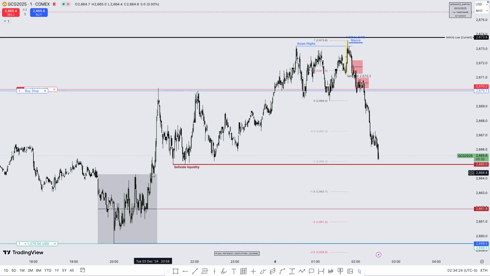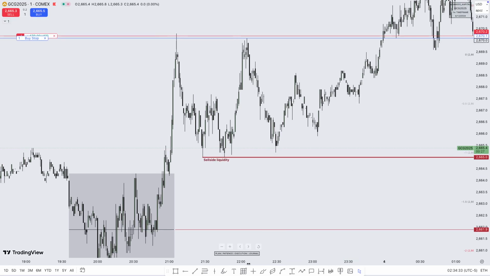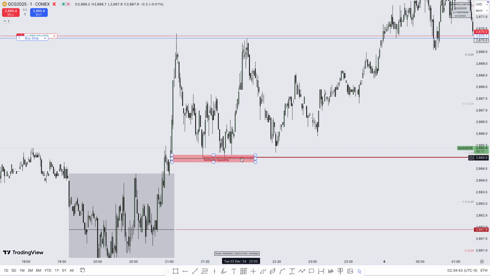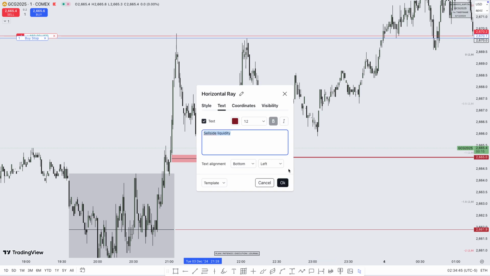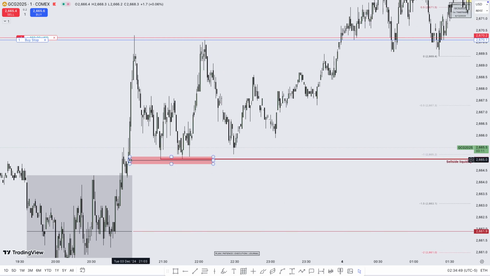All right, so this is the first stage accumulation. Sorry, return back. First stage accumulation is inside that small fair value gap right there. Let me show you this small fair value gap right here. This is just the first stage accumulation. This is an accumulation, right?